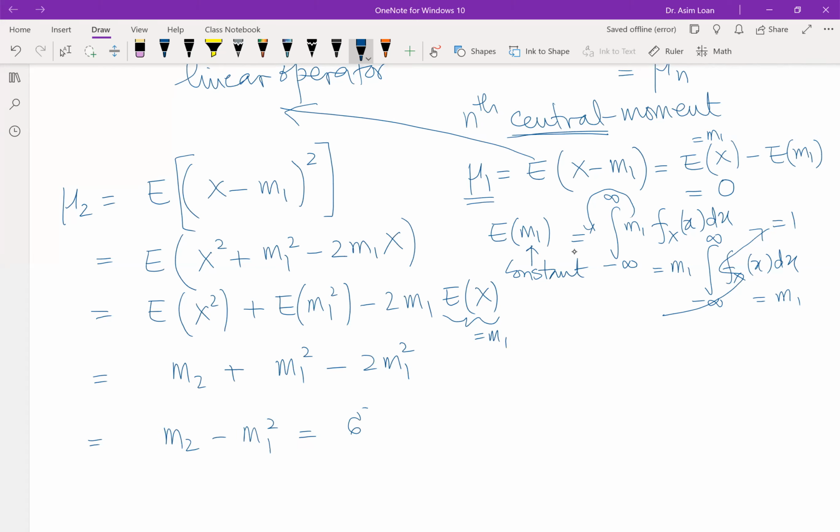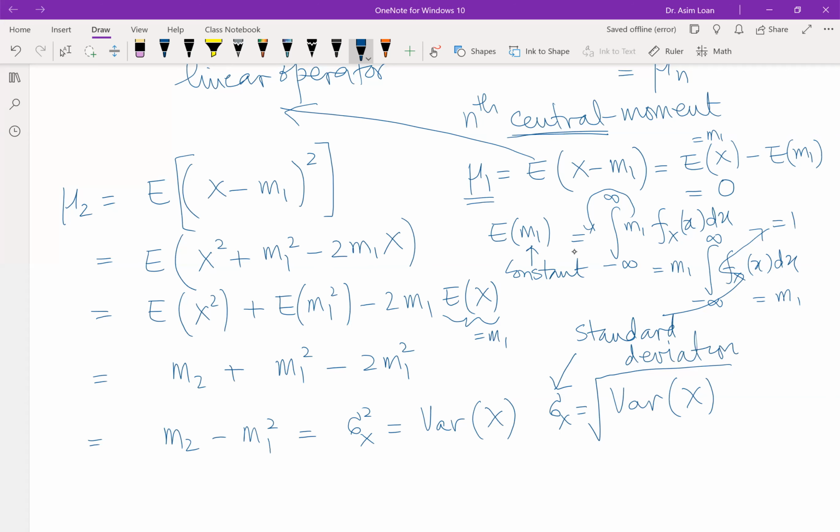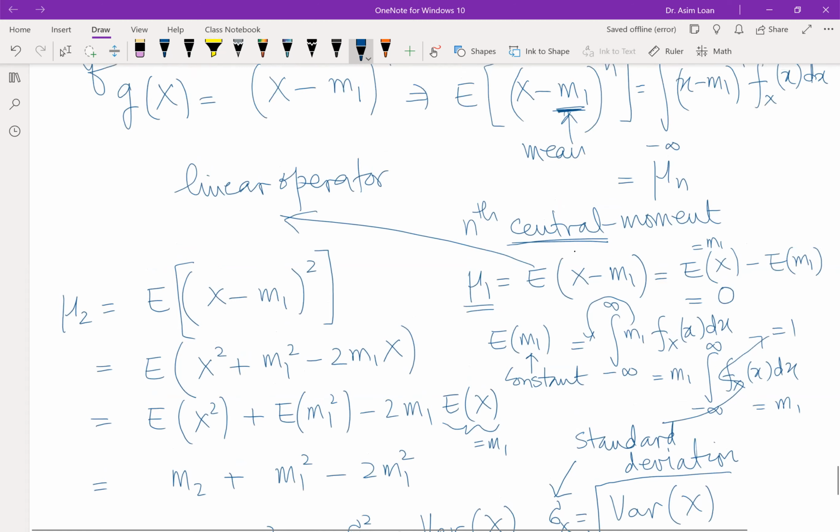This, by the way, is called the variance of x. It is always positive, obviously, because it is a square. The positive square root of variance is called the standard deviation. So mu n actually tells you the spread.